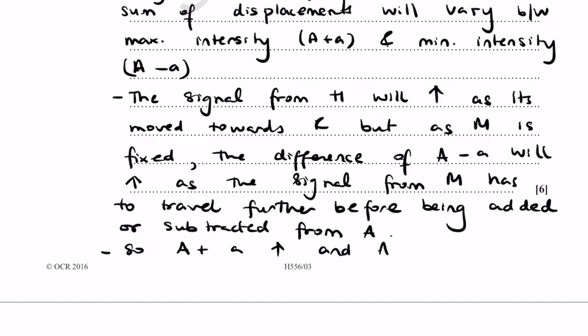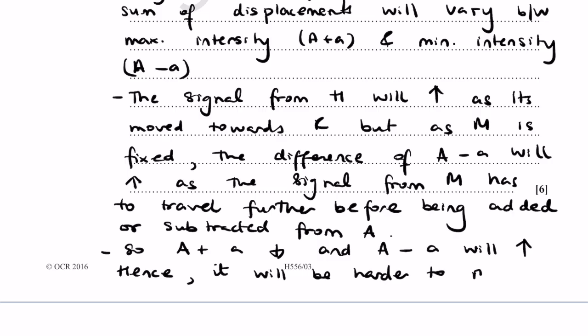Hence, the detection will be more difficult if you were to consider the variation. That would definitely affect the observance of any variation between the signals, as the difference will change because H is moving, but M is not.